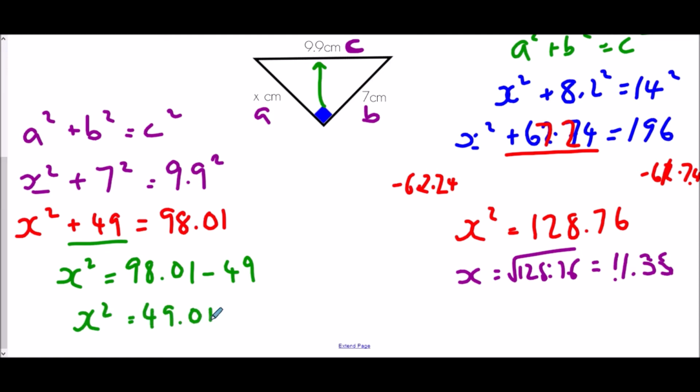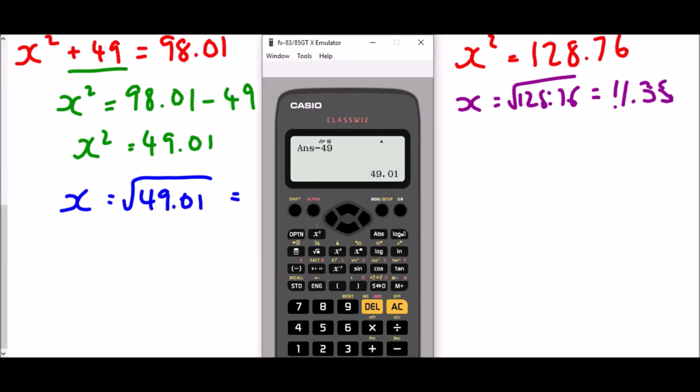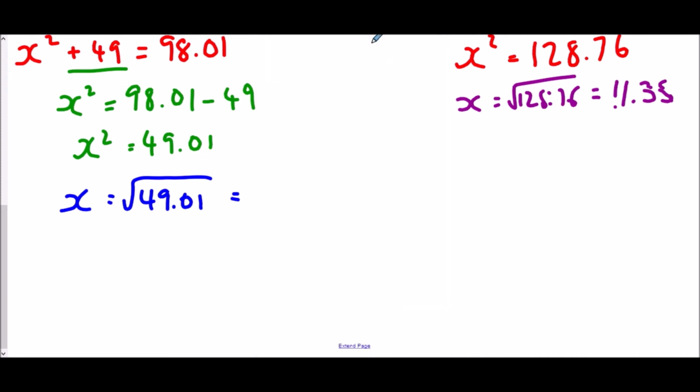And then if I want to get x all on its own, let's do a square root of that. So x equals the square root of 49.01. And if I type that in, that is 7.000714. So if we were going to one or 2 decimal places, it would be 7.00 centimeters.